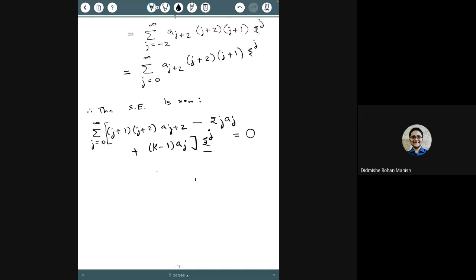Okay. So then I get a relation between the coefficients a.